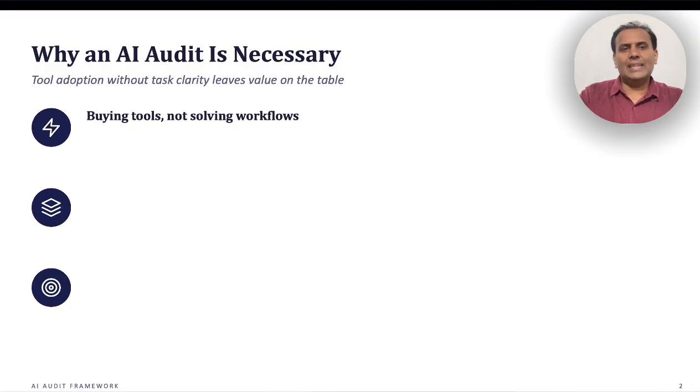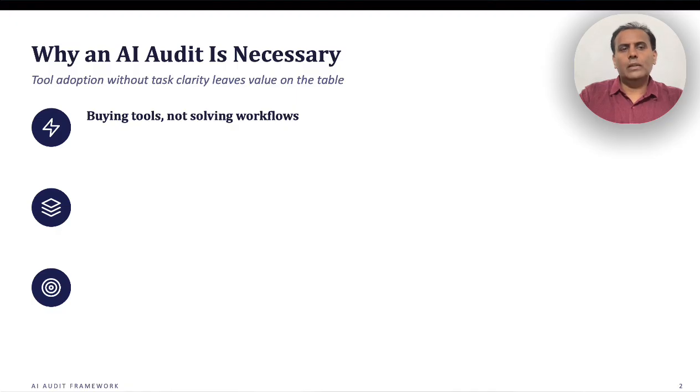Now, first of all, why is an AI audit necessary? There are a lot of tools. Of course Claude, ChatGPT, and Gemini are the biggest LLMs, and many other AI tools are available. But if you don't have clarity on the exact task, you will leave a lot of value on the table, and the tools may not be of much use.